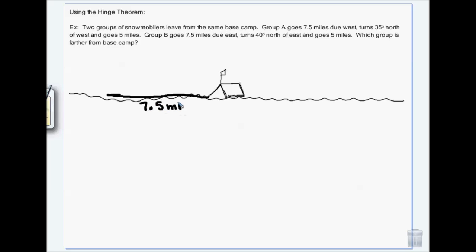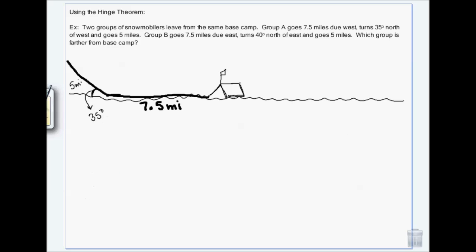And then they make a 35-degree turn north of west, so they turn sort of northish, and they go 5 miles. And this angle that they turned was 35 degrees.